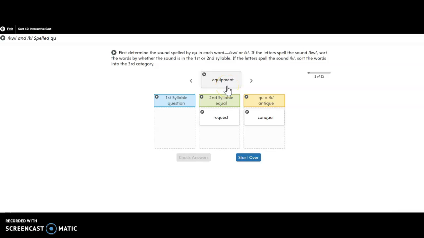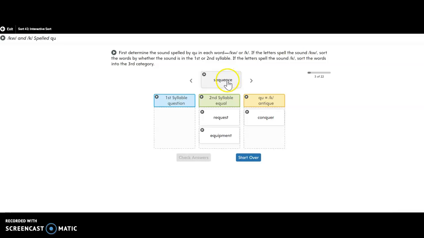Next is equipment. Equipment. Okay, so this is like a word for different gear, tools that you may need for something. And I did hear that qu in equipment, so I'm going to put that here with request. Next is sequence.